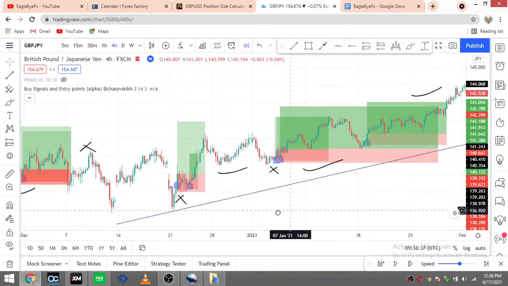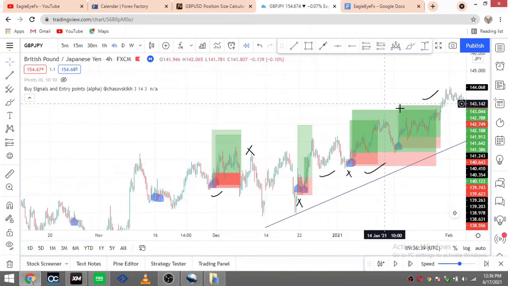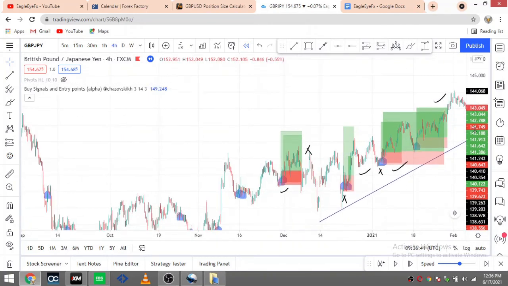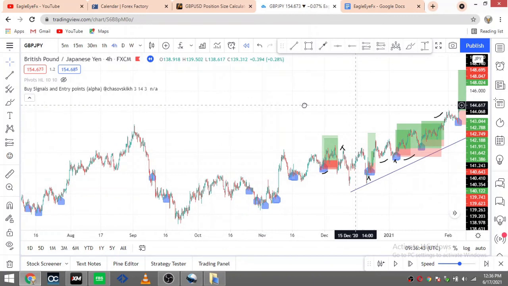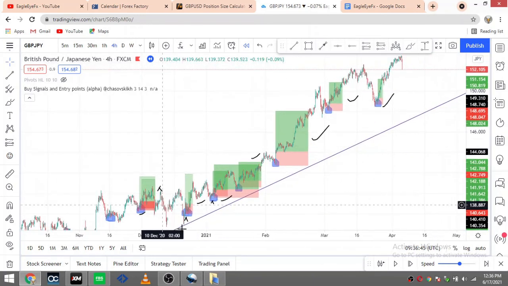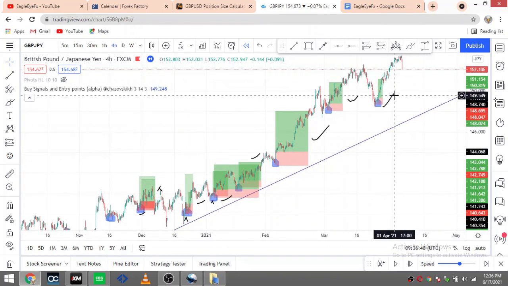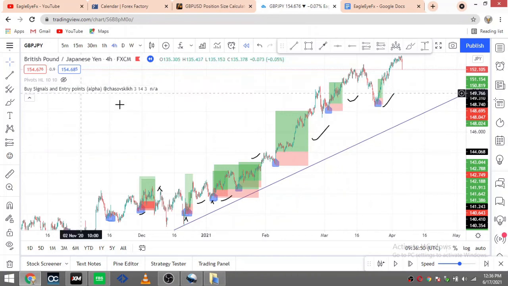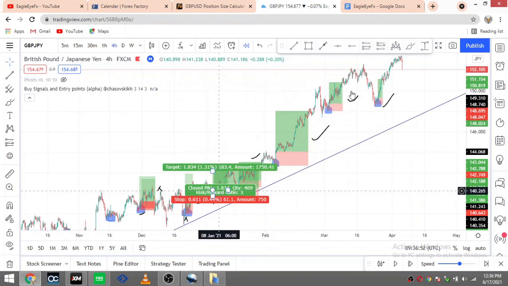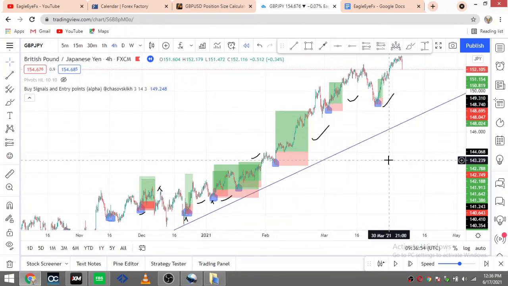You can see that GBP JPY, if I zoom this, has been on an upward trend. And remember, this is a buy signal, it's a buy indicator. So the market must be trending so that you can see the results that you want to see. So guys, remember to backtest. Whatever strategy you see on YouTube, whatever strategy you learn, always backtest it.